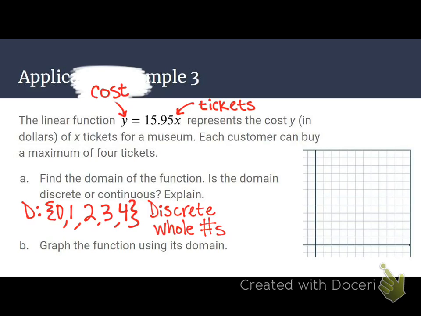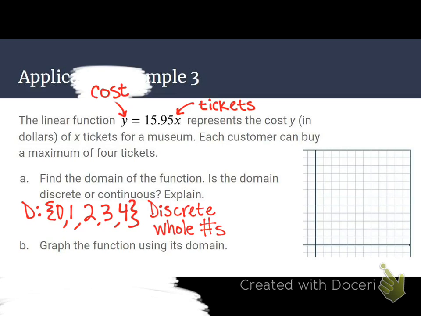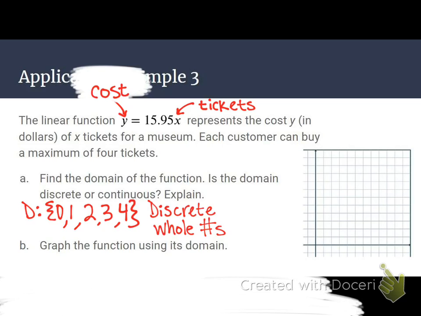Next, it says to graph the function using its domain. But I cannot graph only on a domain. What do I need to find before I can graph it? I need to know the range of it.